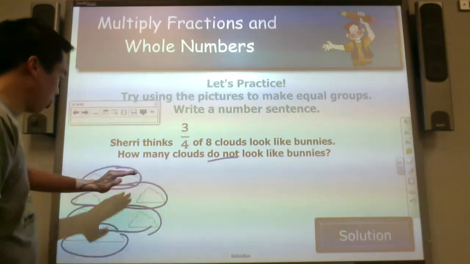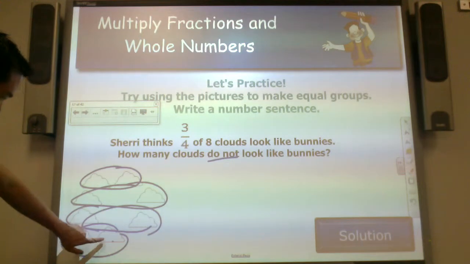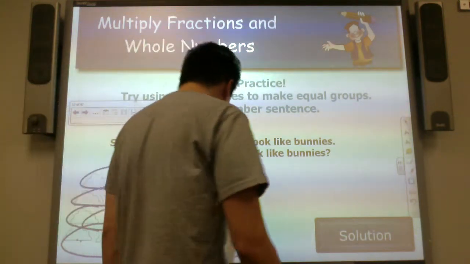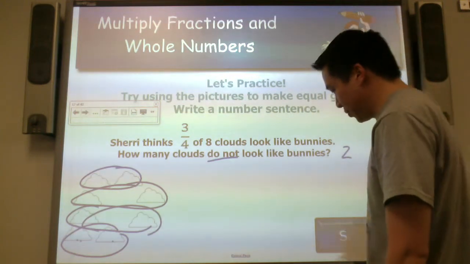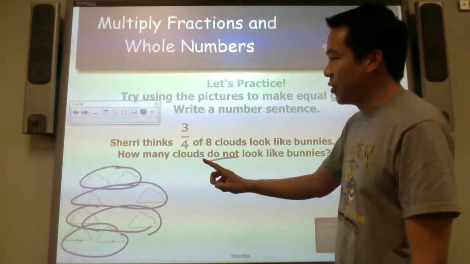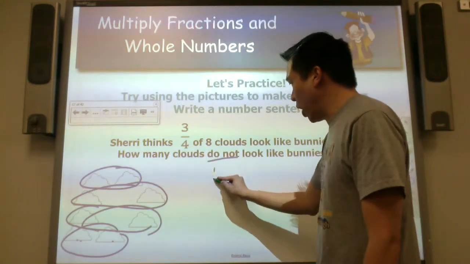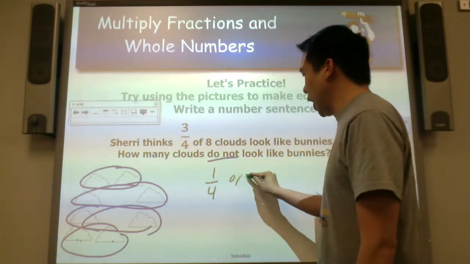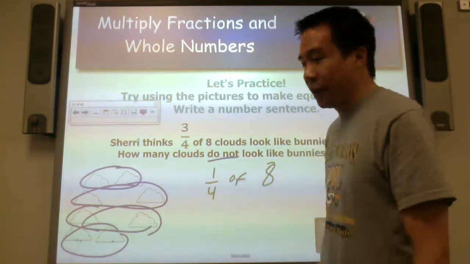She thinks 3 of the 4 look like bunnies. That means these 2 do not look like bunnies. So the answer is 2 of them do not look like bunnies. Another way you can think of it is opposite. If 3/4 of them look like bunnies, that means 1/4 of them do not look like bunnies. So if you don't like the modeling, you could draw like this.